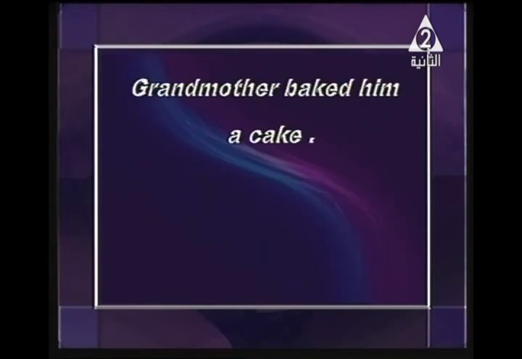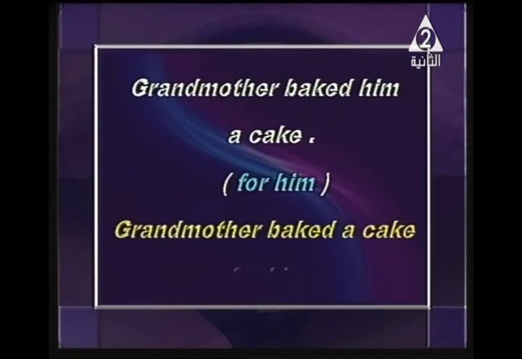Let's see the third one. Grandmother baked him a cake. Use "for him." Let's see. It's very easy also. It's going to be: grandmother baked a cake, the direct object, for him. Okay, so it's very easy.